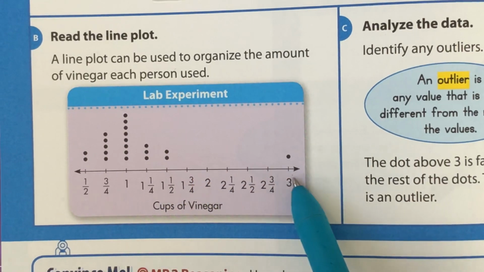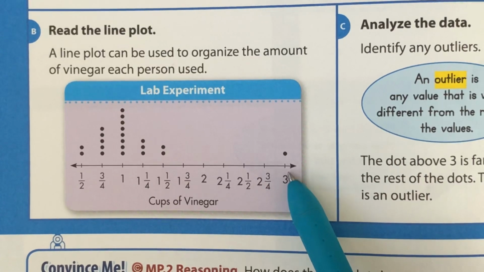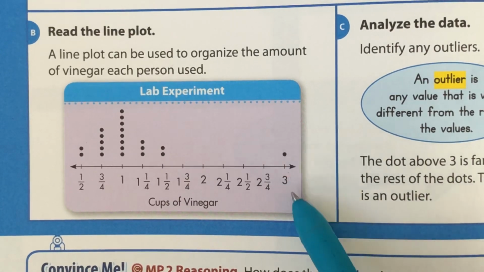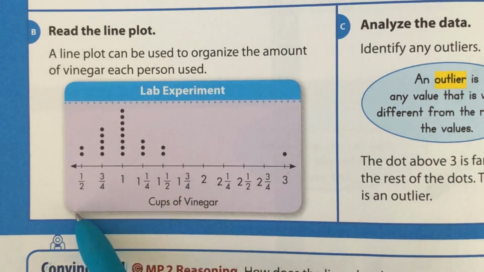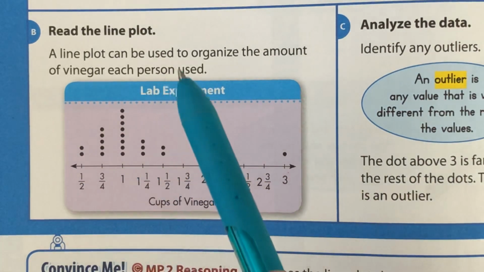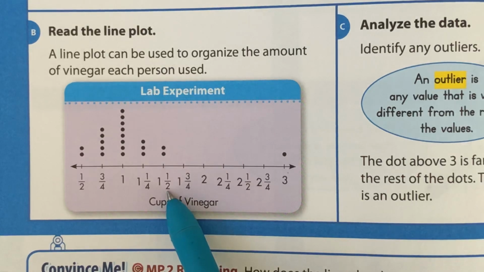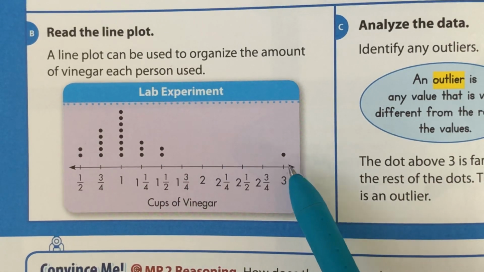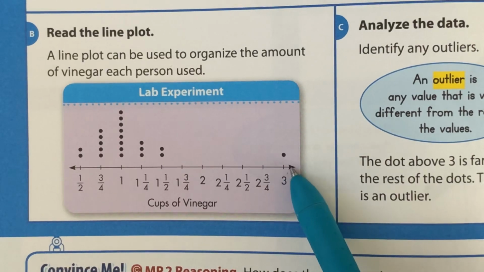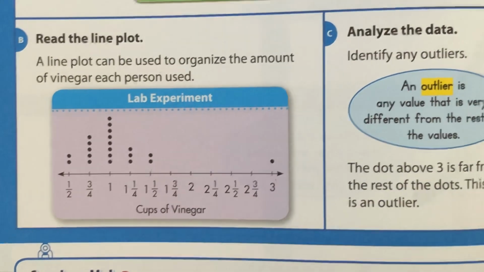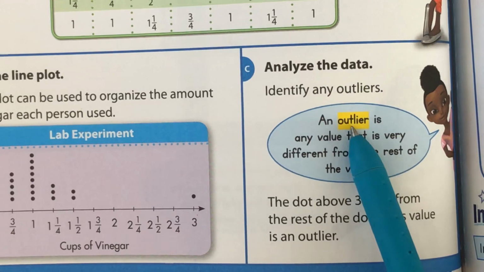And then all the way down here, you see 3. One person used 3 cups, when the majority of people used half, 3/4, 1, 1 1/4, and 1.5. So this one person who stands alone has a certain name, and that's called an outlier.